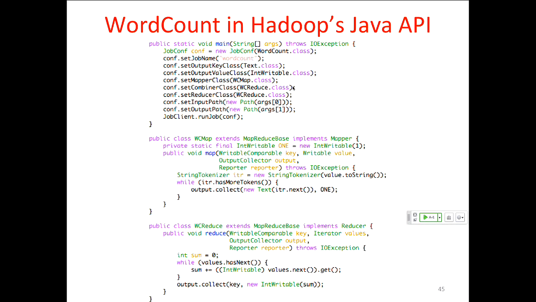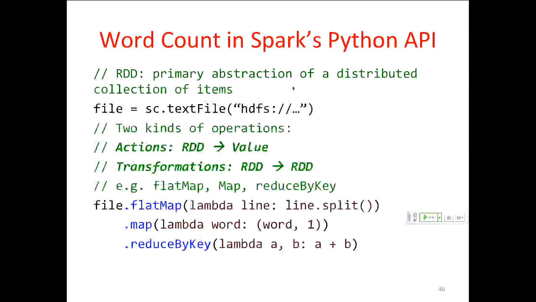If you had to do projects using these APIs, it would be terrible, right? So thanks to Spark, it's done very cleanly, and it's very short, right?